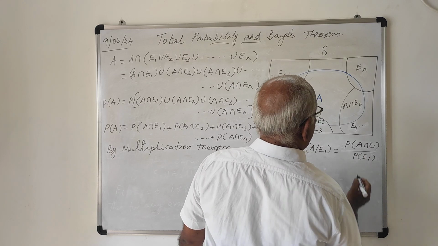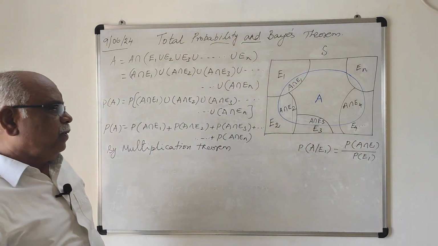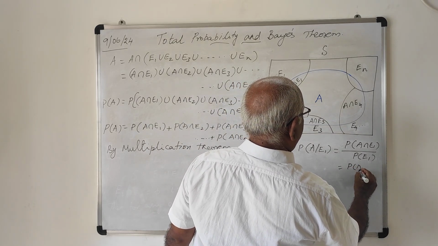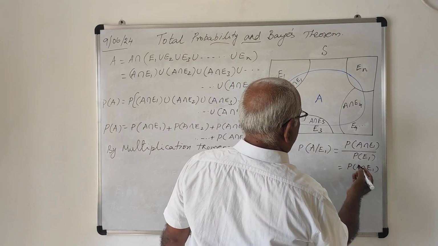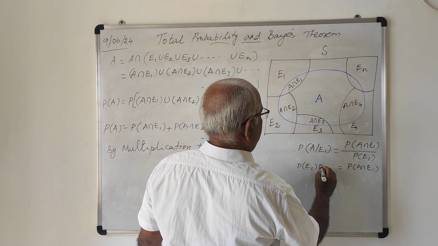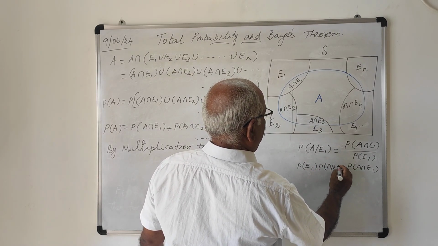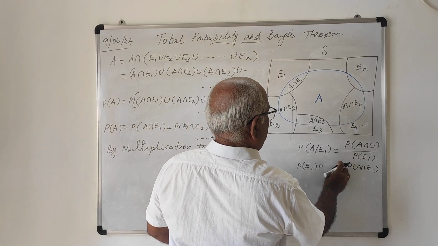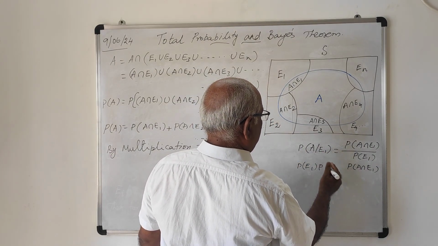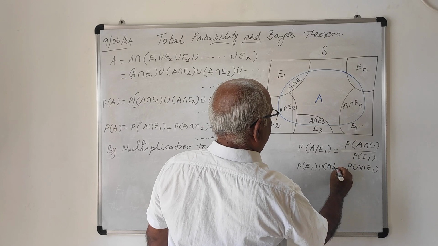This is by multiplication theorem: probability of A intersection E1 equals P of E1 into P of A by E1. On multiplication, you get probability of E1 into probability of A by E1.